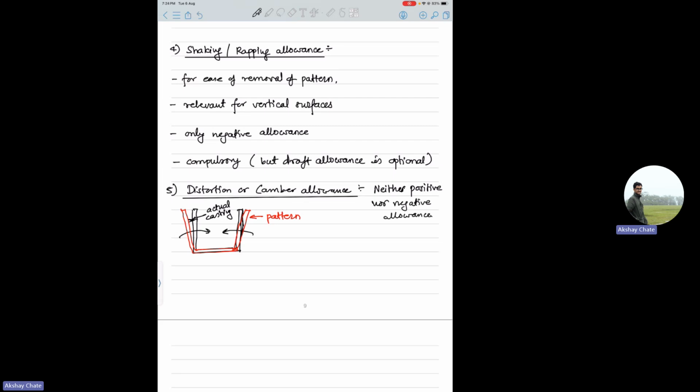Okay, so these are different allowances, and we saw some examples also. Just see if we missed anything.